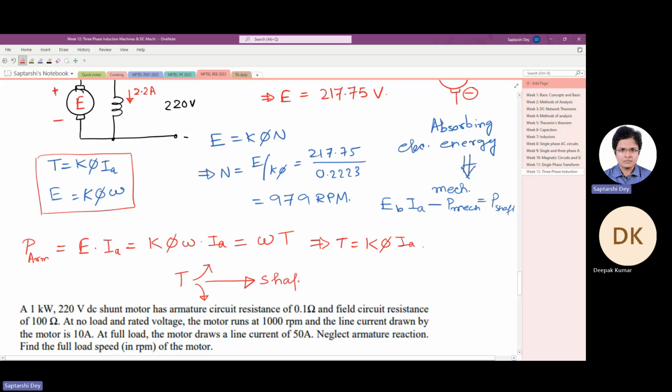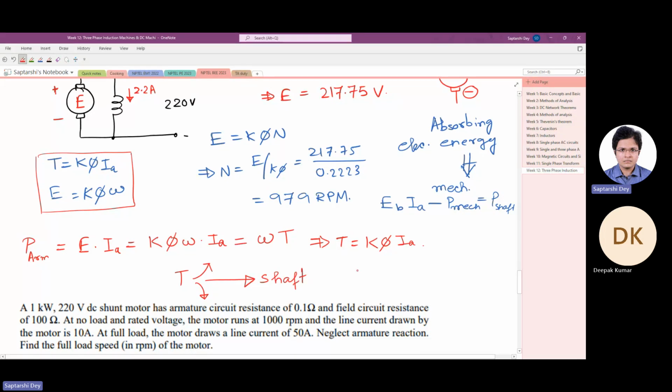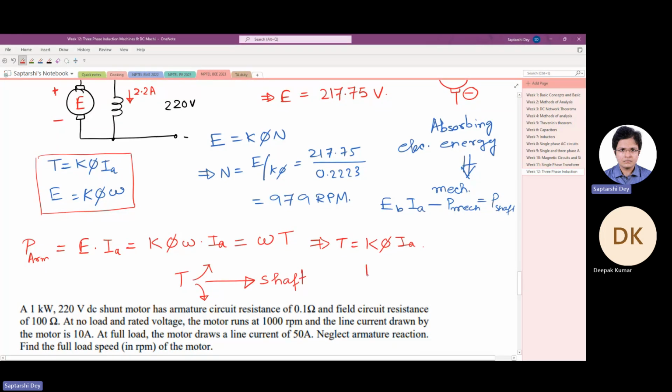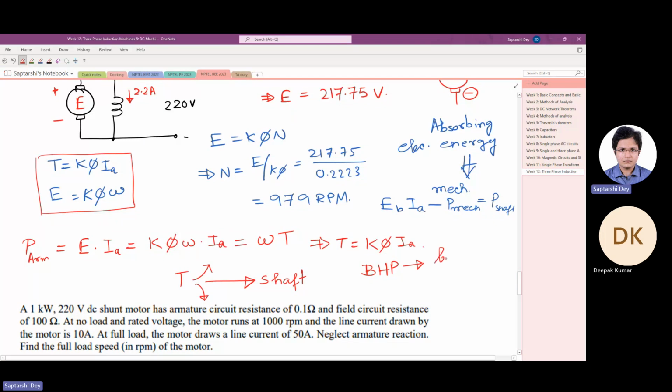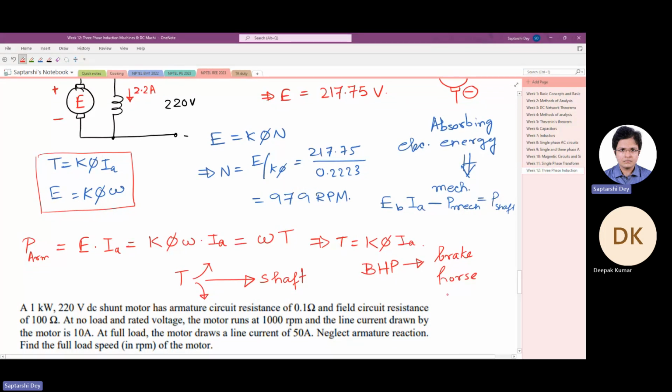This is also sometimes called shaft torque, shaft power, or somewhere you will see this term called BHP. BHP full form is brake horsepower, which also means the shaft power.